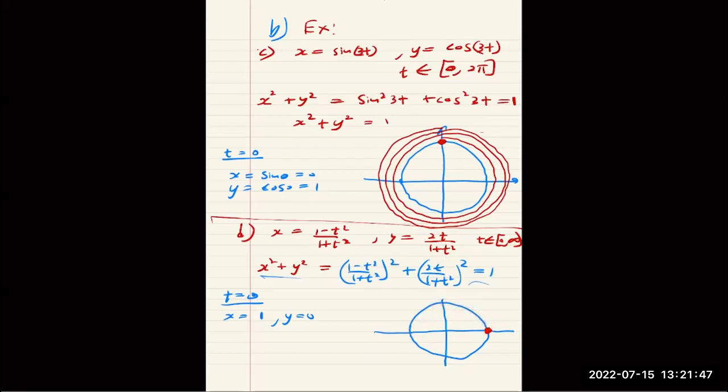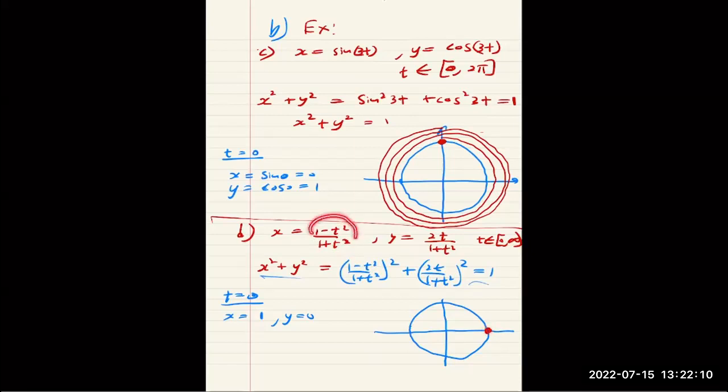To figure that out, what you need to do is find the limit as t approaches infinity of this quantity. That means you need to find the x coordinate. What happens to your x coordinate as t approaches infinity? We know that the x coordinate is 1 when t is equal to 0.